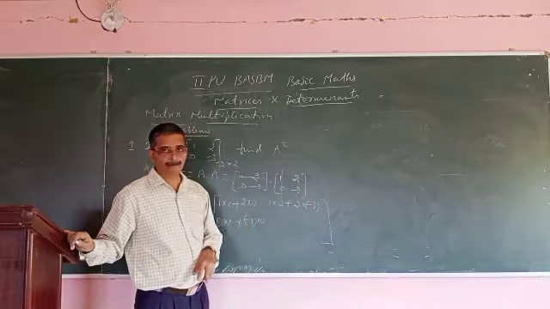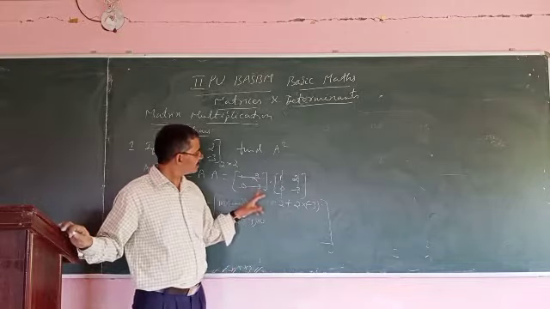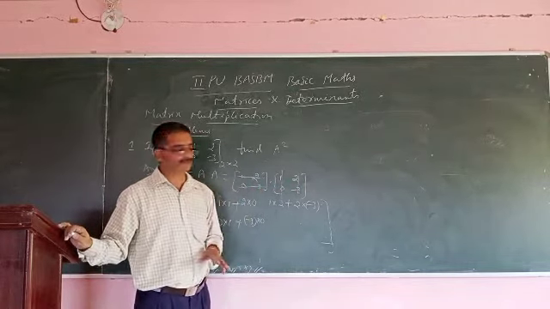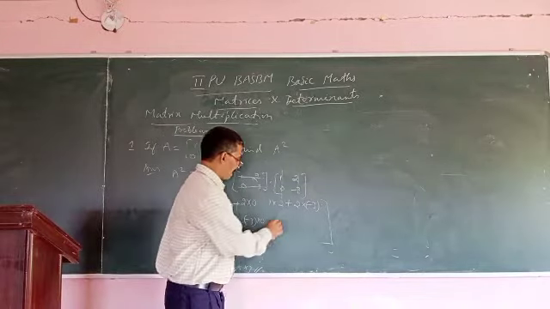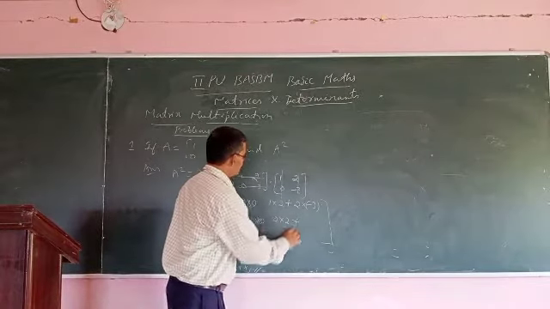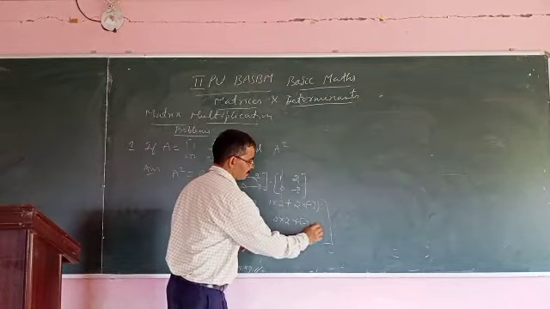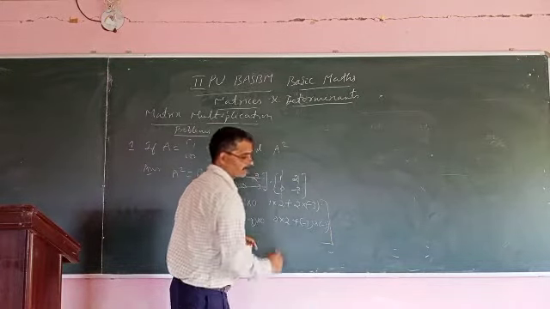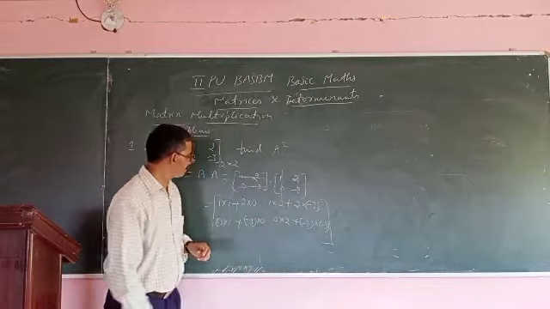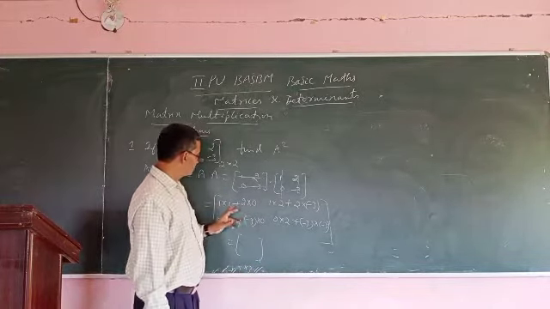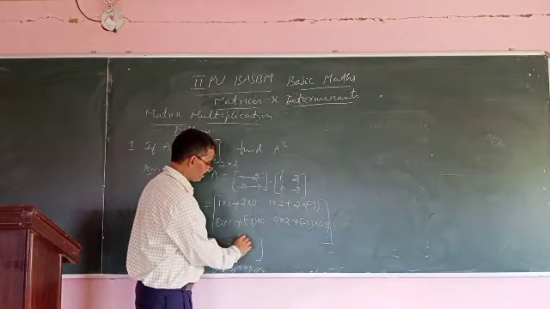Once this is done, what is the next step? Take the second row, second column. So 0 into 2 plus minus 3 into minus 3. Now simplify. So this comes to 1 plus 0, so 1.